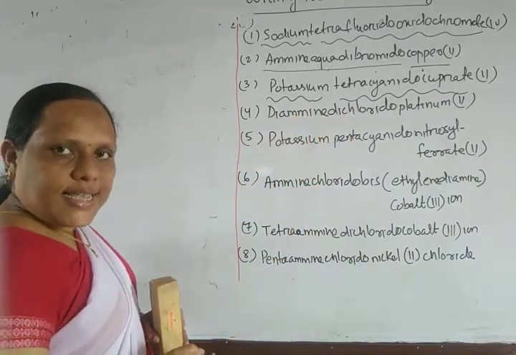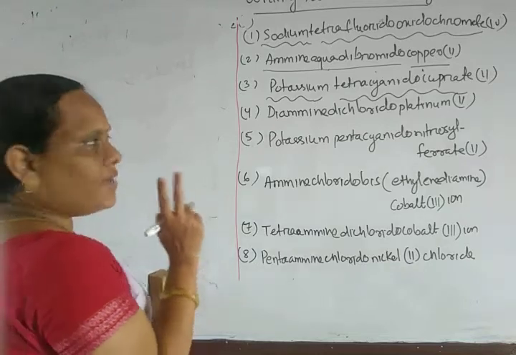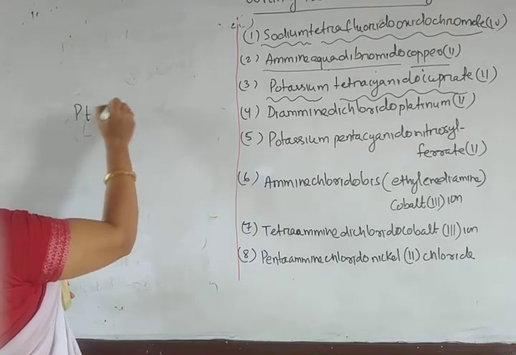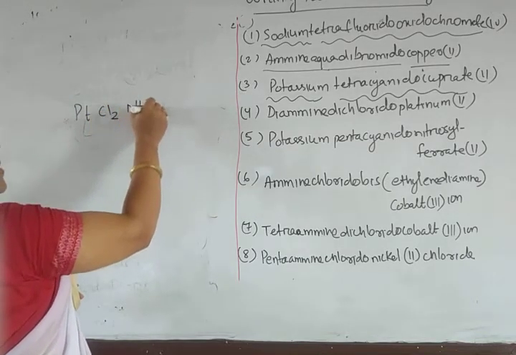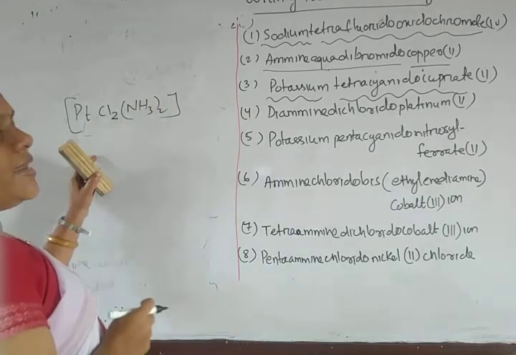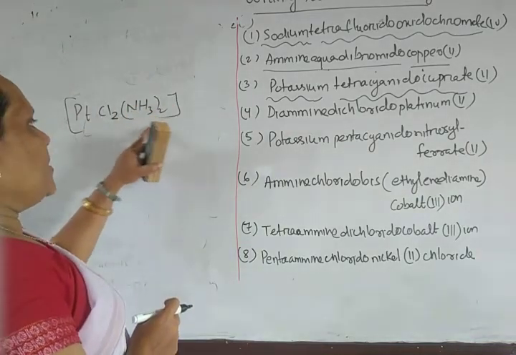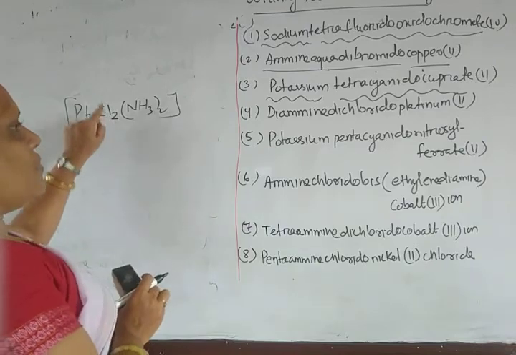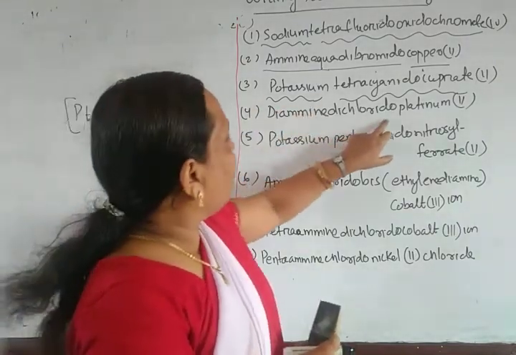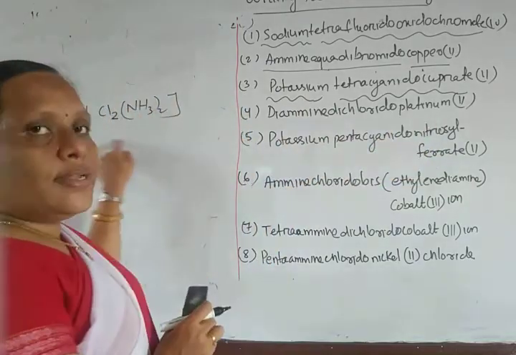So first write the formula for dichlorido: Pt, then Cl2, then NH3 whole twice. So this is platinum dichlorido diamine. Chlorido is -1 and platinum has +2. In this way, the charge is balanced. This is a single compound.